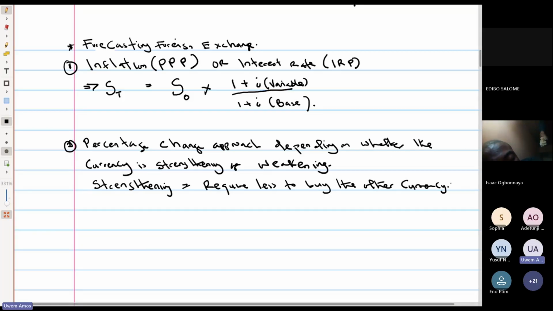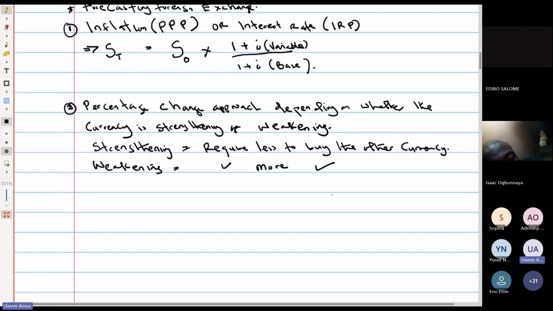So what do we mean by that? I'm going to come back to that. When we say it is weakening, we're basically saying that you require more to buy or purchase or transact in the other currency.